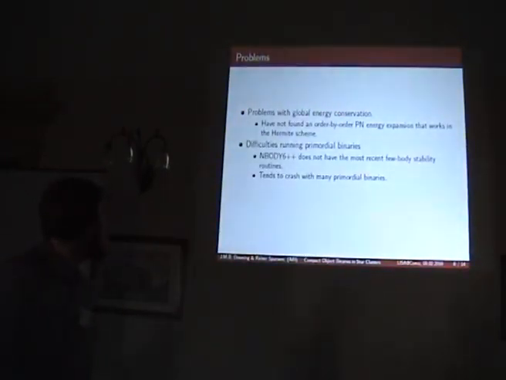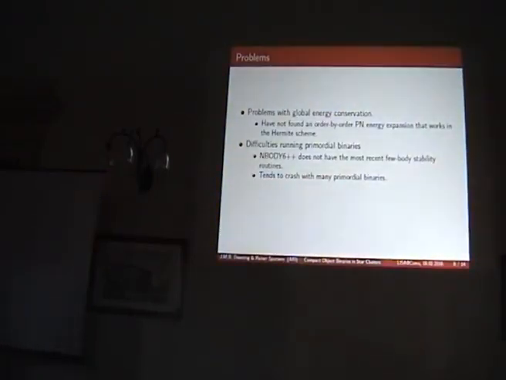Really, a bigger issue is we're having difficulty running simulations with large numbers of primordial binaries. And this isn't to do with the post-Newtonian terms per se. It's got to do with the fact that the version of NBODY6++ we have right now doesn't have the most recent stability routines for hierarchical triples and other binary systems. So when we throw large numbers of primordial binaries at it, the code just tends to crash.